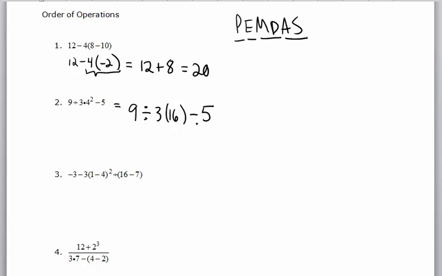Okay, so the next thing I can do is the multiplication, or I can do the division. Notice how I underline these, they're really the same order. So what I'm going to do next is go from left to right.